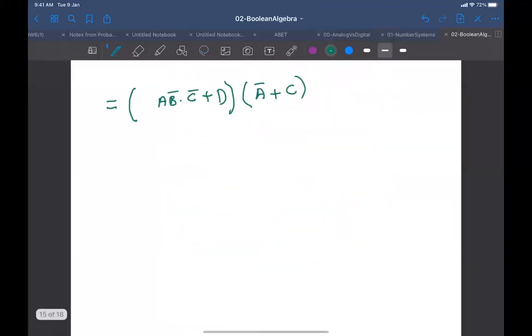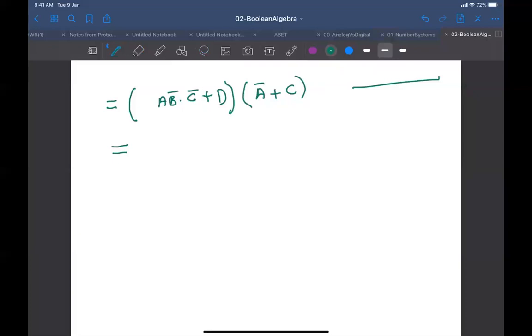So again, it's just a copy of that, so I don't have to write the justification here. So using the distributive law now, I can distribute the expression here.